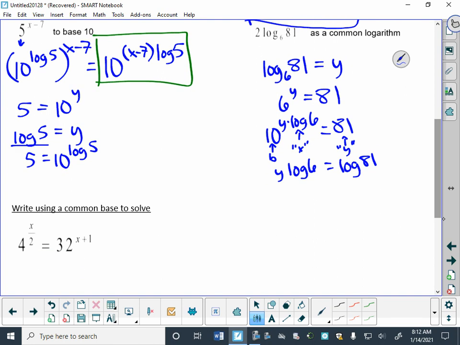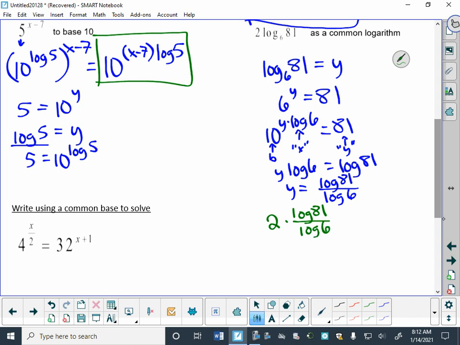And so now we can say, well, the y, which was my log base 6 of 81, I could write as the log of 81 over the log of 6. And so my original expression then is 2 times the log of 81 divided by the log of 6.